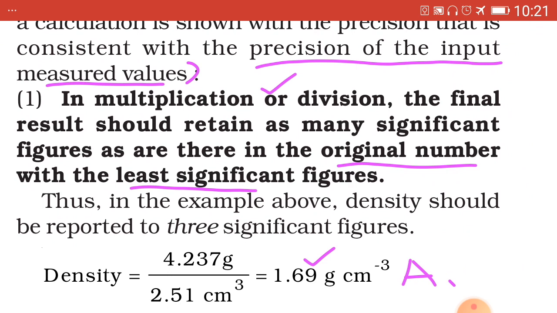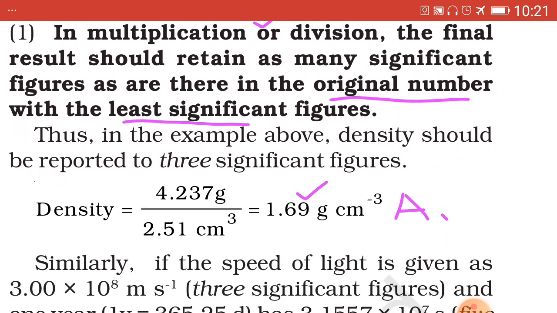In multiplication or division, the final result should retain as many significant figures as there are in the original number with the least significant figures. In short, you have to find out the number with least significant figures in the data.